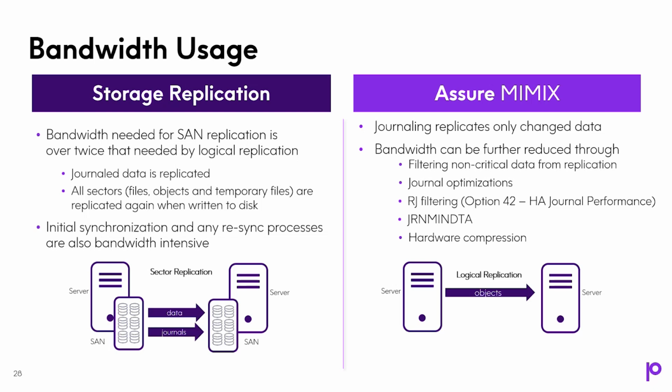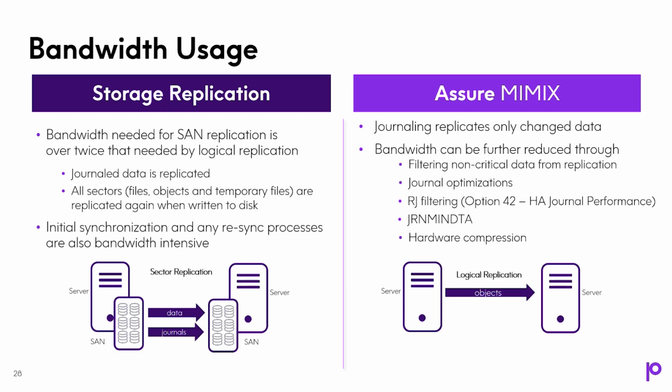And then there's asynchronous storage replication, which can go a longer distance, but it still uses a lot of bandwidth. And as compared to logical replication, it's going to have to be a much higher quality network, or it's just not even going to work. So you don't see a whole lot of storage replication across the country and things like that, just because it's impractical. So yes, you have to journal.